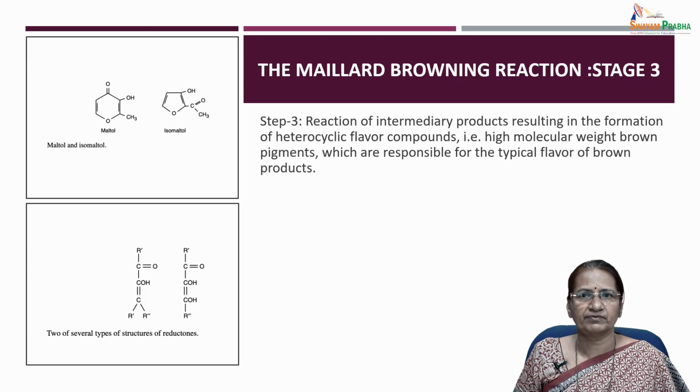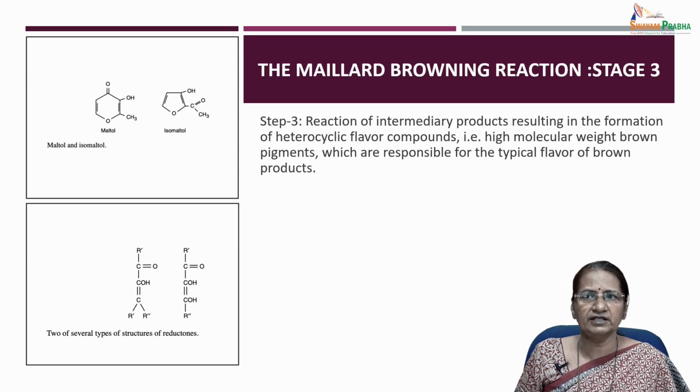Now, step 3, reaction of intermediary products resulting in the formation of heterocyclic flavor compounds, that is high molecular weight brown pigments, which are responsible for the typical flavor of brown products.